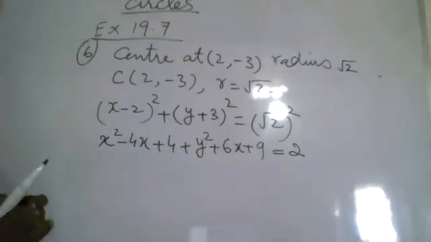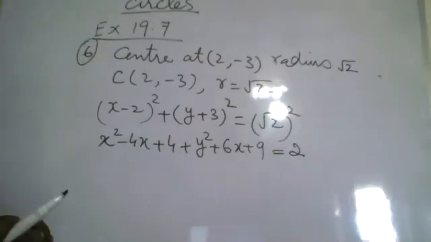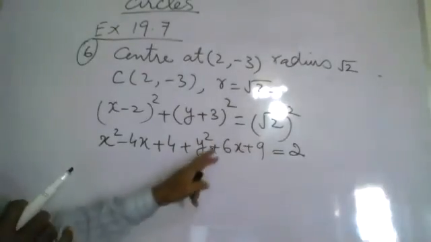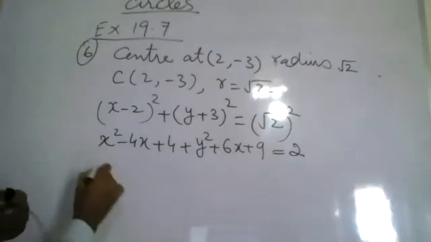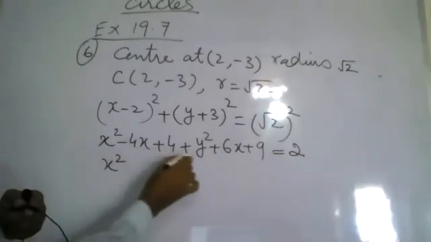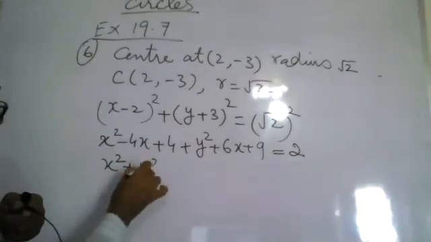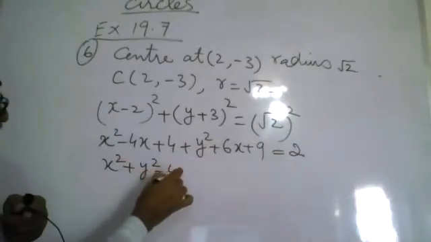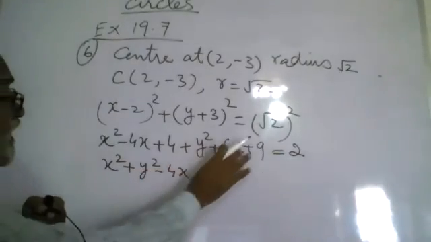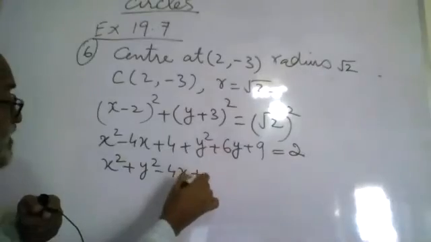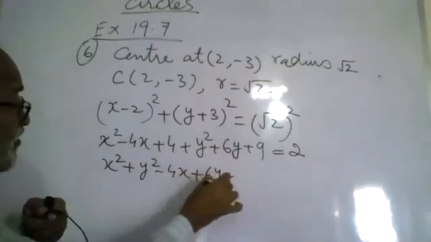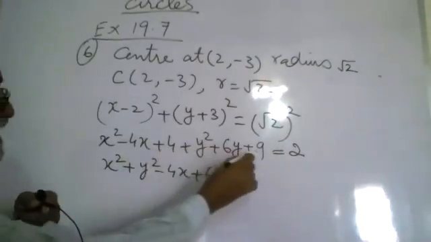To convert into the standard form, 2 will be shifted on the other side and it will be written x square plus y square minus 4x plus 6y plus 4 plus 9 minus 2.